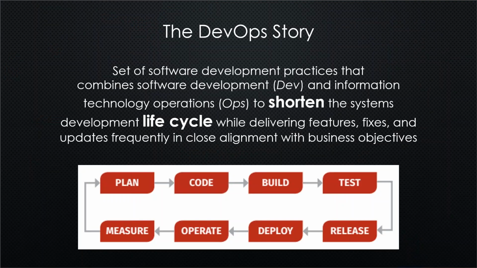Now, before we talk about infrastructure as code too much, I've got to tell you about how we got started in this area, and it was really through this idea of DevOps. I've got a definition on the screen that you can see, but the best way for me to describe DevOps is to tell you a story. Back in the late 90s, I was working at a company that built web applications for Fortune 100 companies.